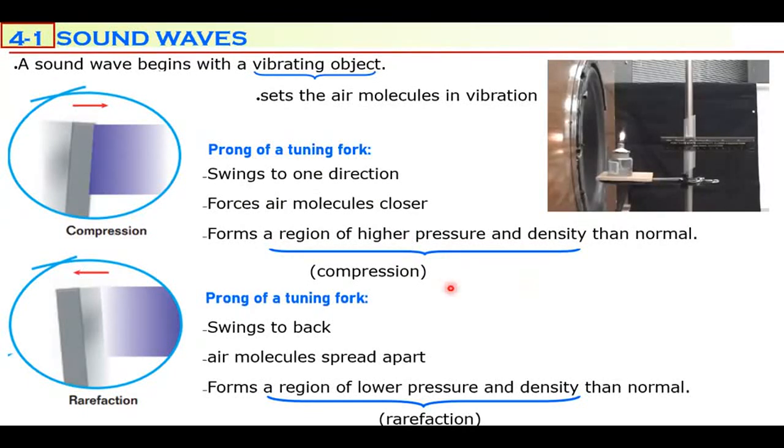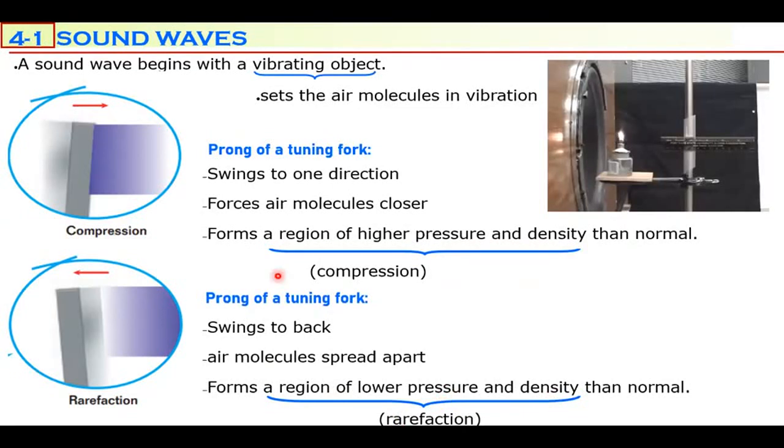When the tuning fork moves in one direction, it produces a compression. When it vibrates in the opposite direction, swinging back, it produces a region of low pressure. The air molecules spread apart, and we produce a region of lower pressure or lower density than normal, which is known as rarefaction.